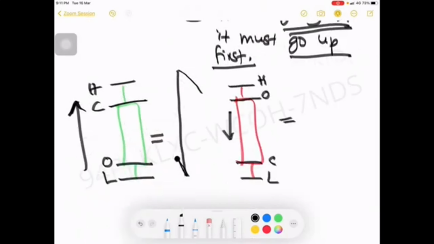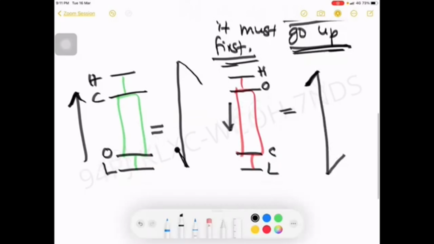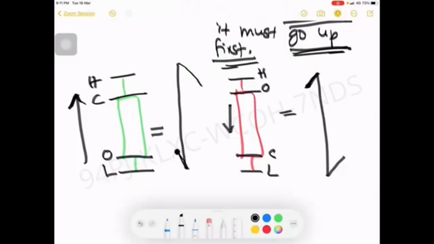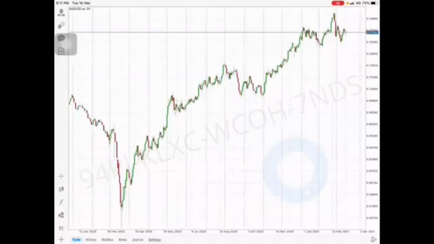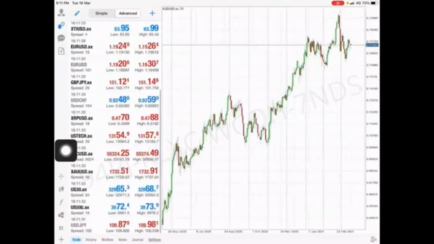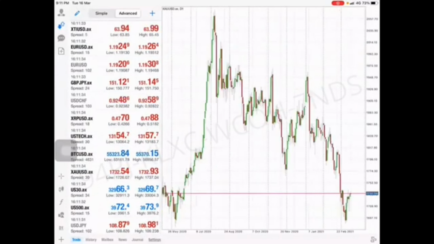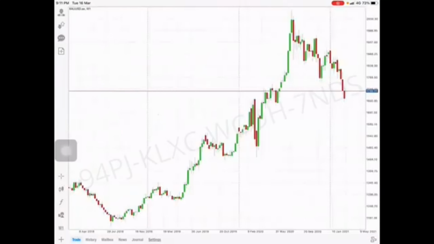Now for the bearish one, it needs to go up first. The opening will be here, and it needs to go up first, remember, and then to the low and close.